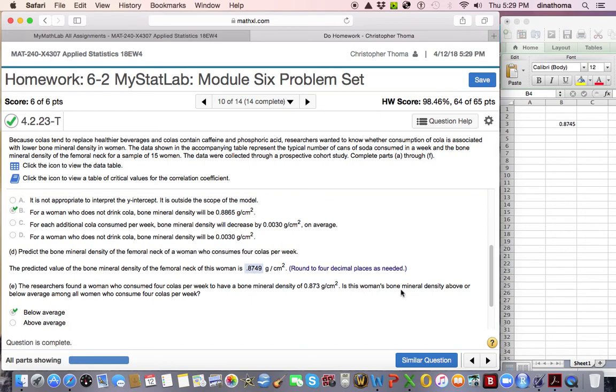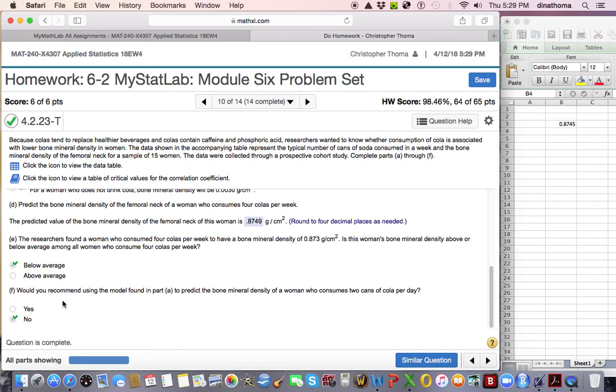Is this woman's bone mineral density above or below average among all women who consume 4 colas per week? So below average.